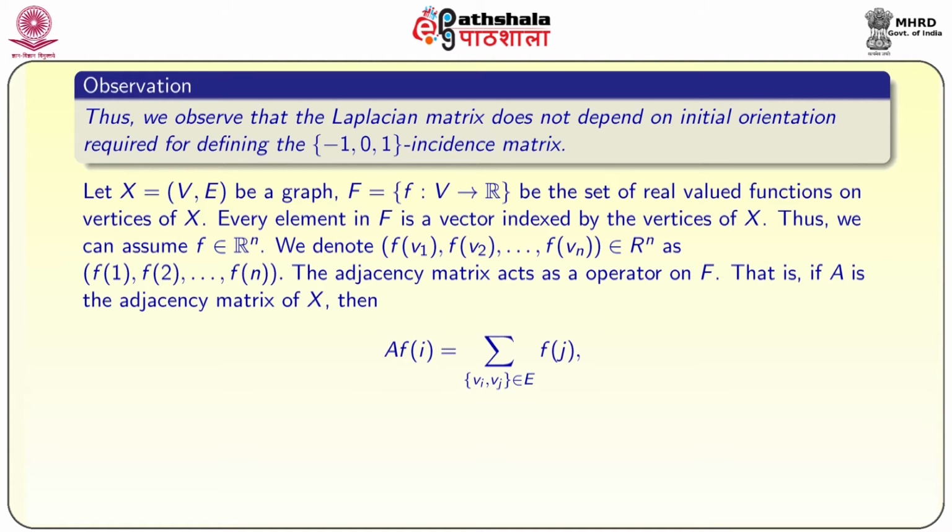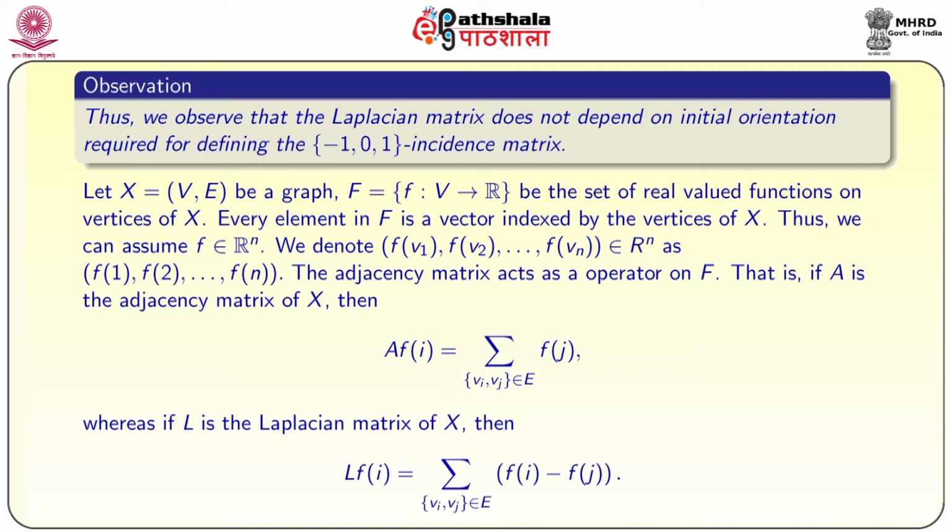We are multiplying matrix A with the vector f, whereas if L is the Laplacian matrix of X, then (Lf)(i), that means in the vector Lf we are considering the i-th entry, is equal to the summation over (vi, vj) belonging to the edge set of f(i) minus f(j). So, it is better to take an example for a Laplacian matrix and an example for f, then we can check this part easily, or even an example for f is not required. So, take any Laplacian matrix and check.